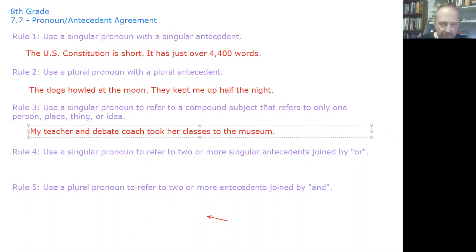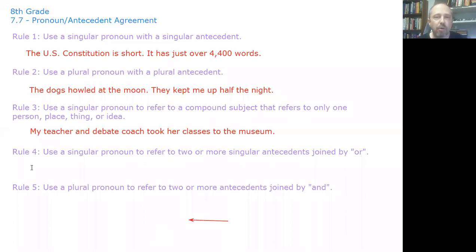The thing that lets me know that teacher and debate coach are the same person is this pronoun is singular, right? If this pronoun were plural, these would be 2 different people. It's singular, they're the same person.